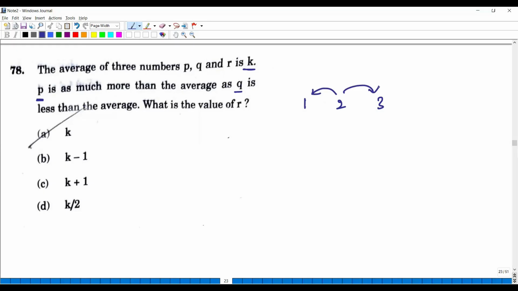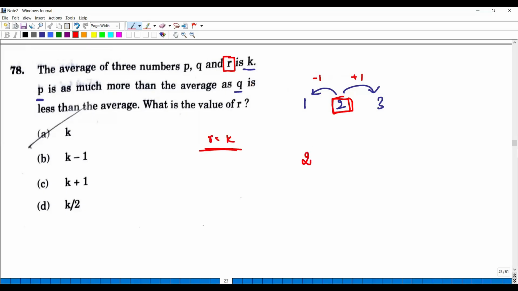Any numbers in an arithmetic sequence satisfy this condition. He's saying the difference between the first and the average, and the second and the average, is the same. So this one is 1 less, this one is 1 more. So the average becomes the middle number. Here the middle number is R. With that property, you can say R is simply K.